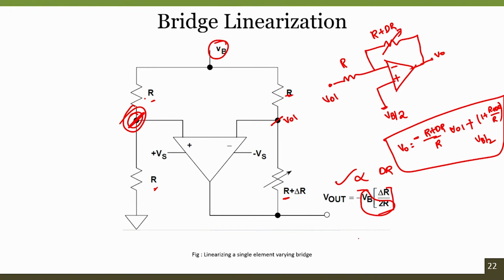So, how is this particular configuration making the output linear? Since this sensor is connected in the negative feedback topology, as we are already aware, I1 will always be equal to IF.